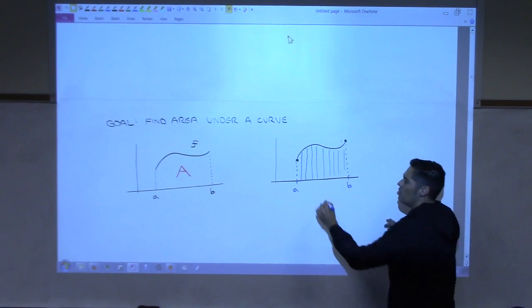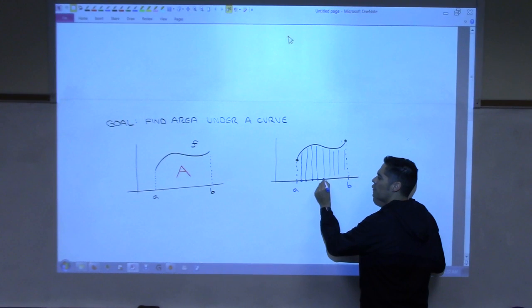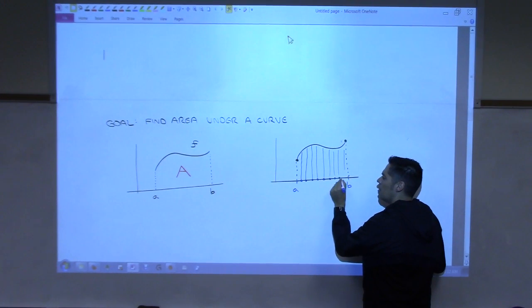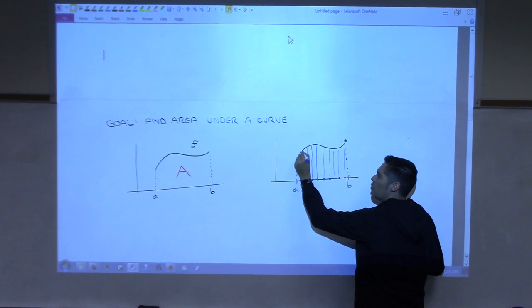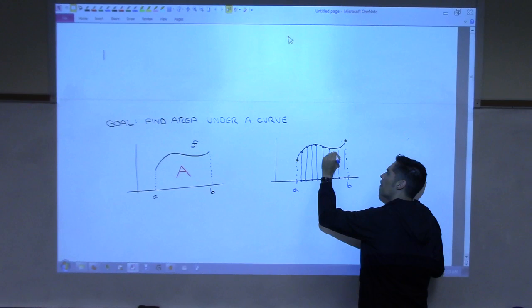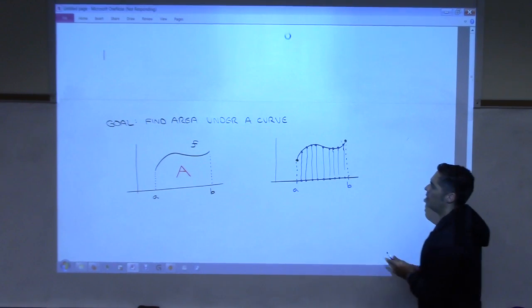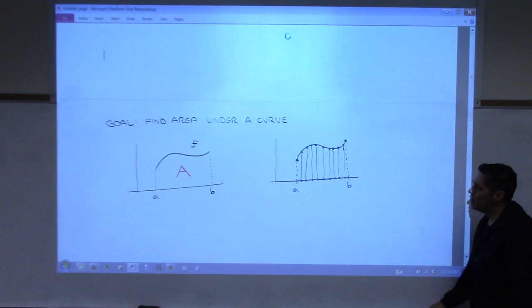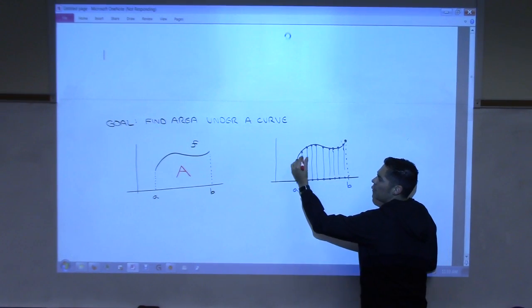And then, wherever those points are on the number line, he's going to take those and plug those values into the function and get a y coordinate for each of those, right? And then from that first y coordinate, from this one right here, he's just going to draw a rectangle.